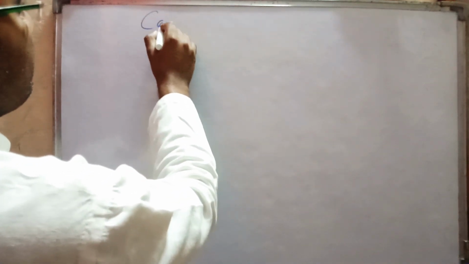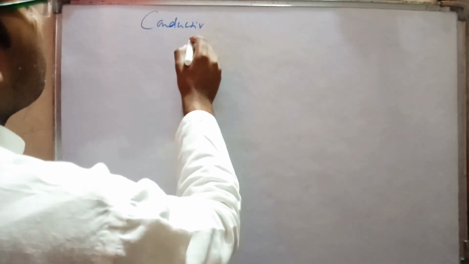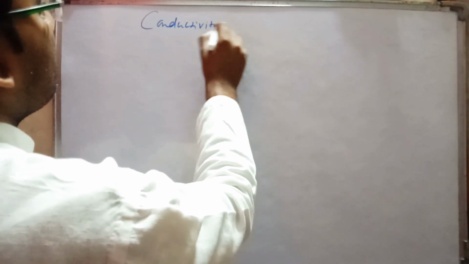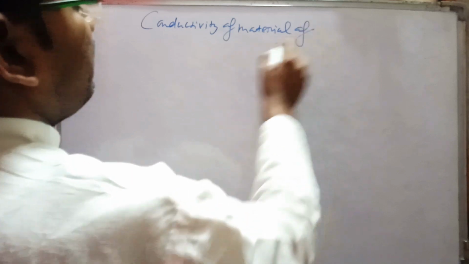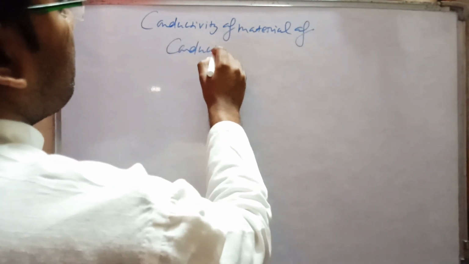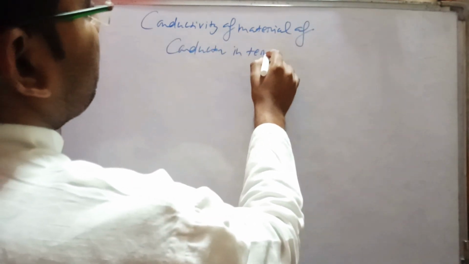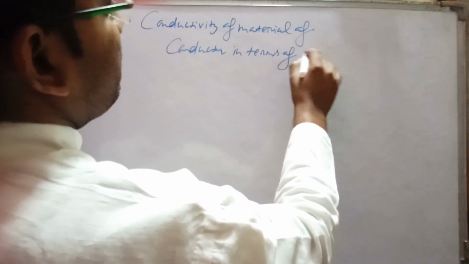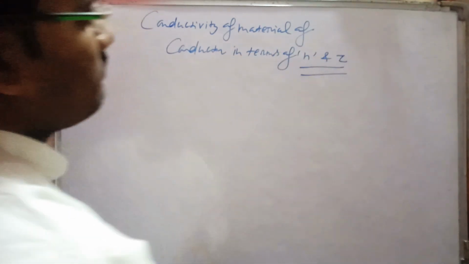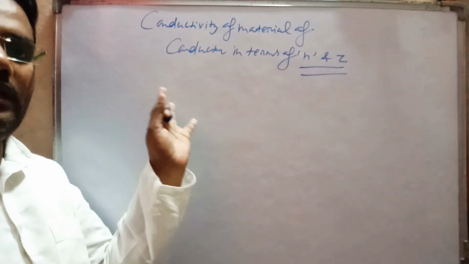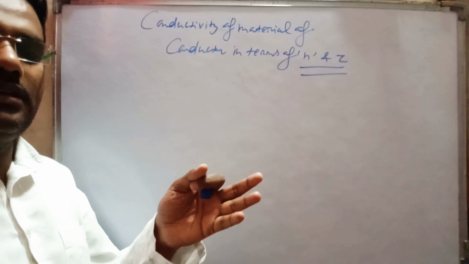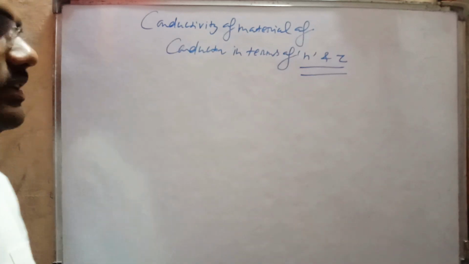Next topic one is the conductivity of material of conductor in terms of n and tau. Conductivity of material of conductor is defined as the reciprocal of resistivity.